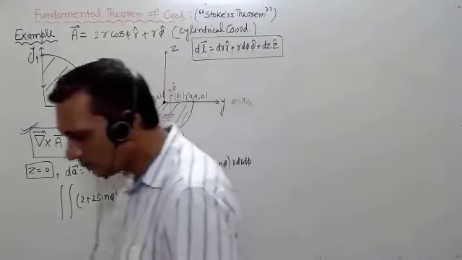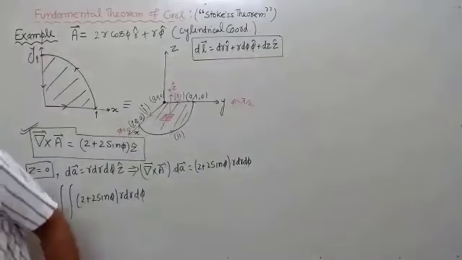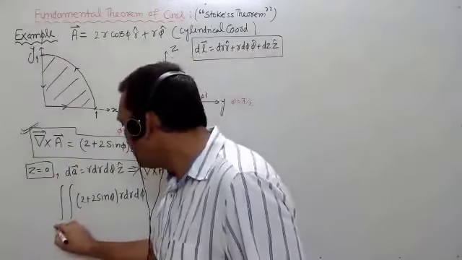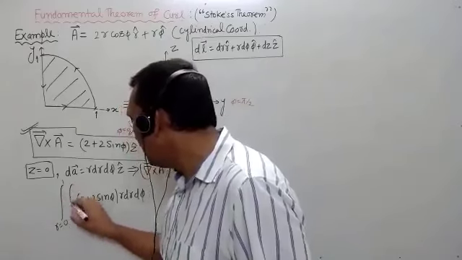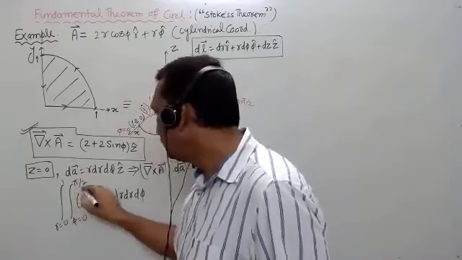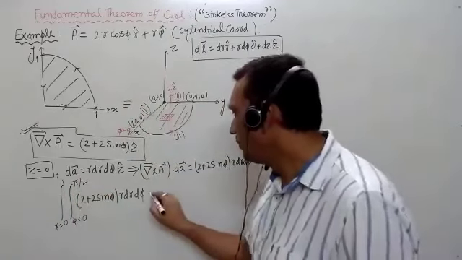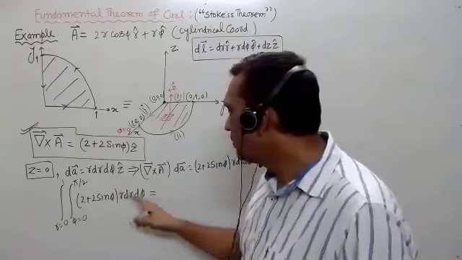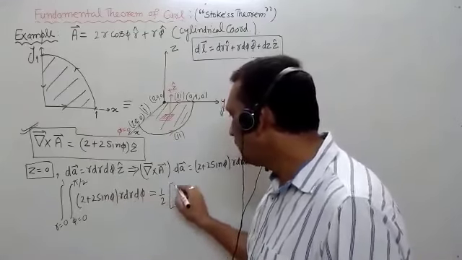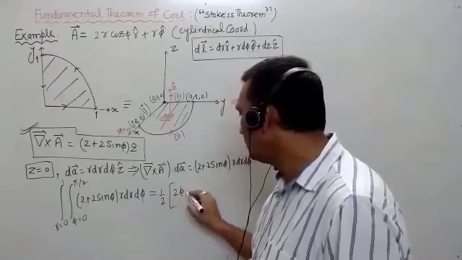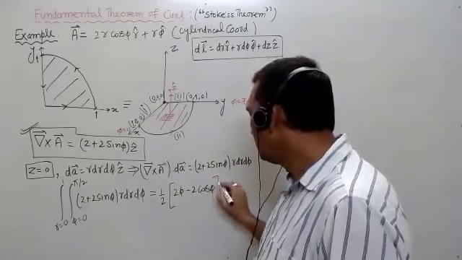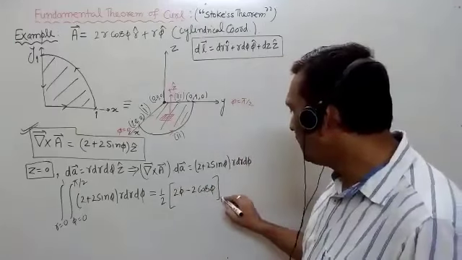The limit of r is 0 to 1 and the limit of phi is 0 to pi by 2. In terms of r you will get 1 by 2, and in terms of phi you will get 2 phi minus 2 cos phi, with limits 0 to pi by 2.